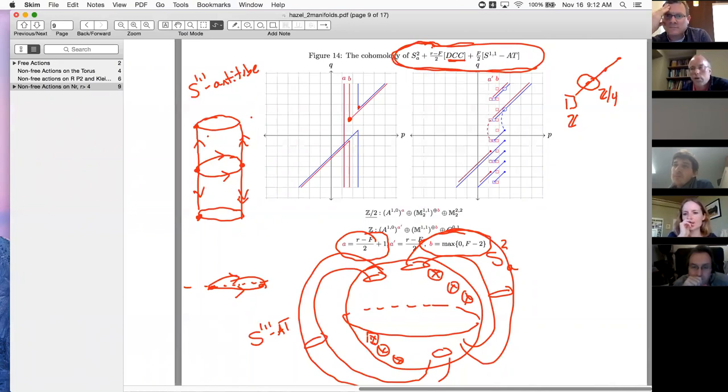So for some strange reason, those Z4s show up a bunch in the cohomology of these non-orientable equivariant surfaces. And again, we would like to be able to find some geometric reason for that Z4, and we don't have that yet.